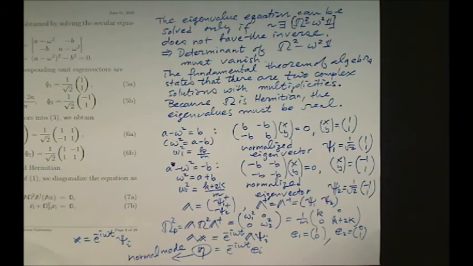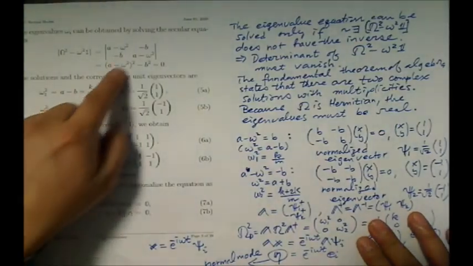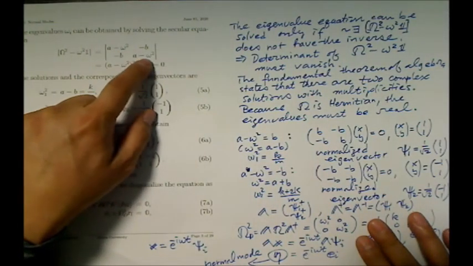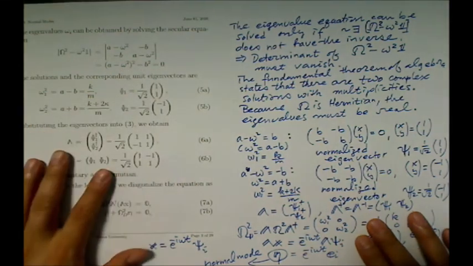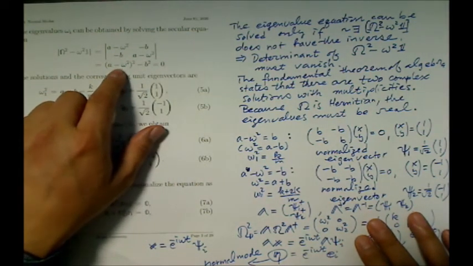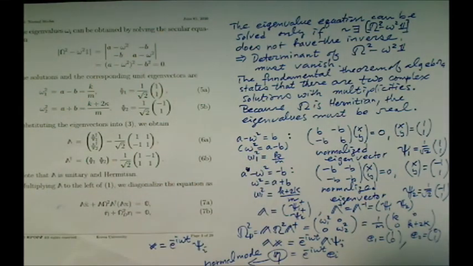But we remember that because omega squared is a Hermitian matrix, those eigenvalues are all real, and the corresponding eigenvectors are all orthogonal. The determinant of this is a minus omega squared squared minus b squared. So the secular equation states that a minus omega squared is either plus b or minus b.